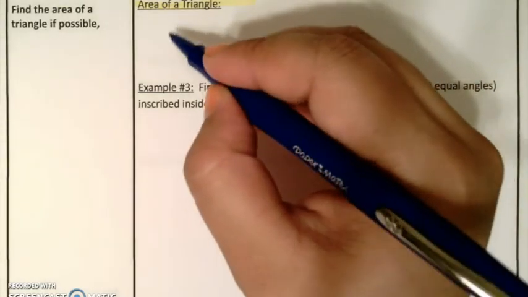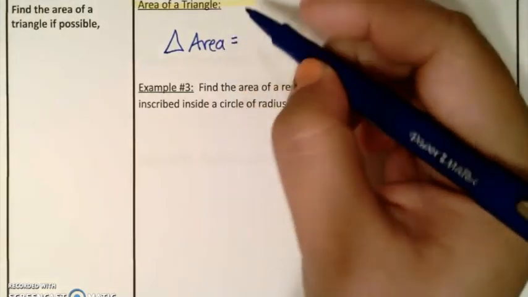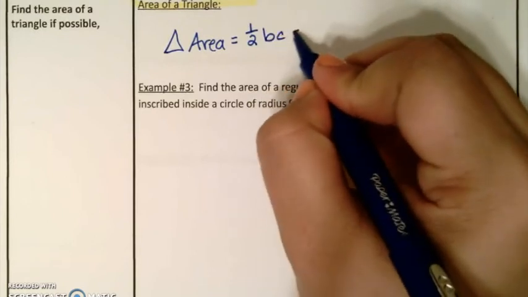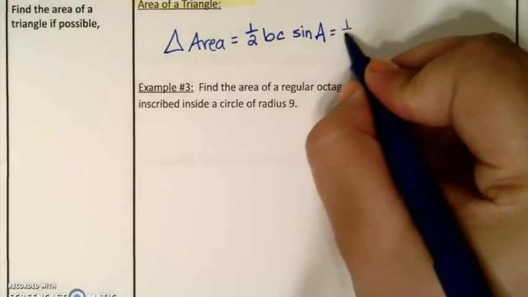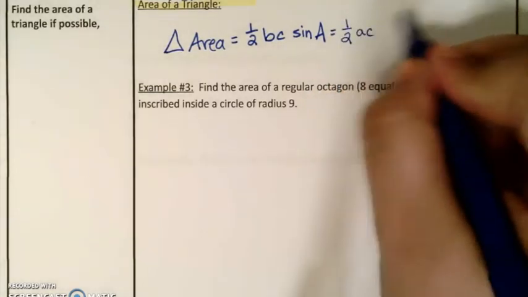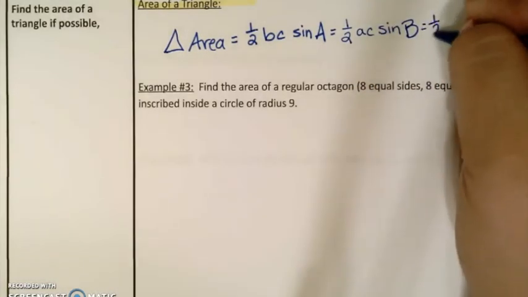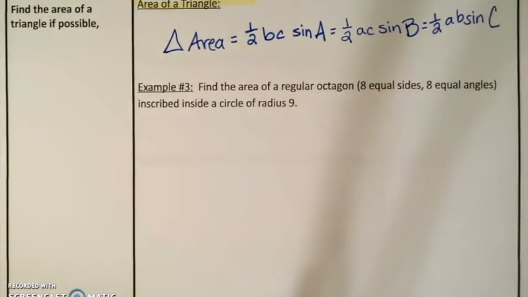So we can use the equation triangle area equals 1/2 BC times sine of A, which is also equivalent to 1/2 AC times sine of B, or 1/2 AB times sine of C. All right, this is very similar to the area of a triangle that you might know, except now we're not necessarily using perpendicular sides.